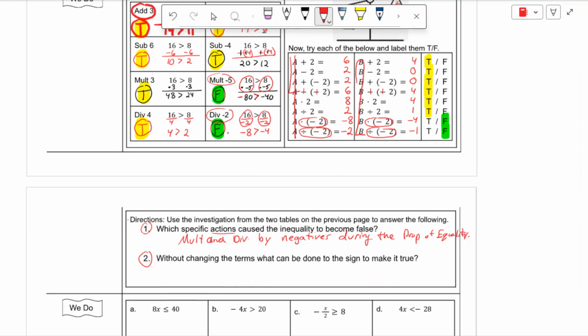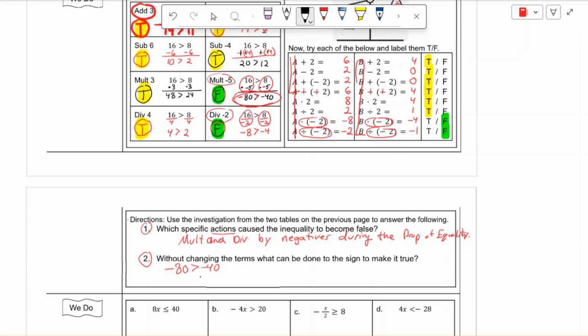Okay, so let's take, for instance, this one right here. It was -80 is greater than -40, which is false. What can you do to these without changing the -80 and the -40? What can you do to the sign to make it true?